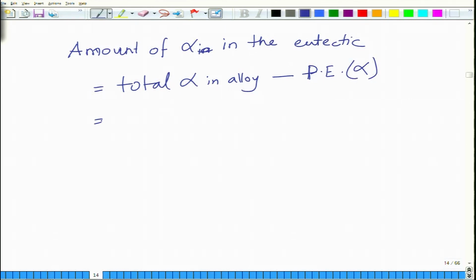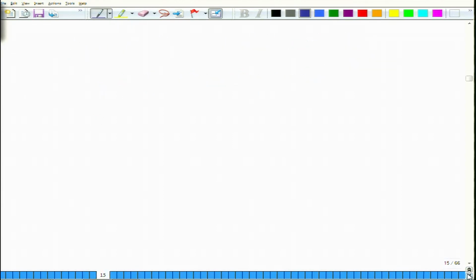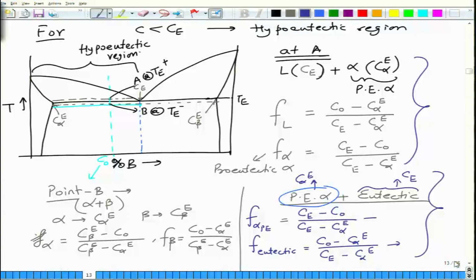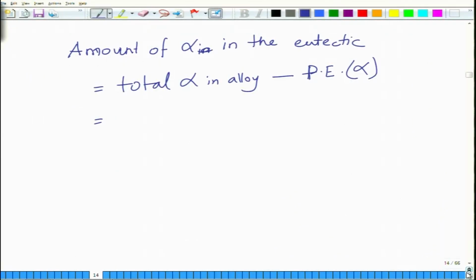The total alpha in the alloy is F alpha, so it is F alpha minus F alpha PE.